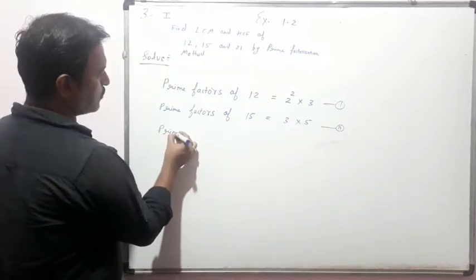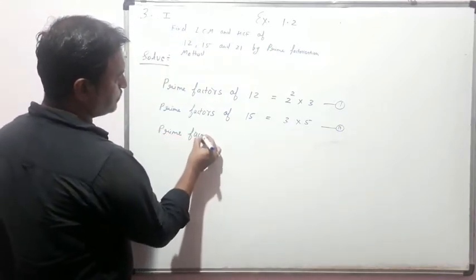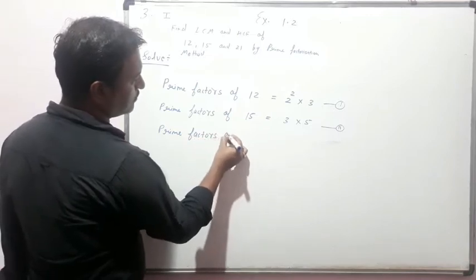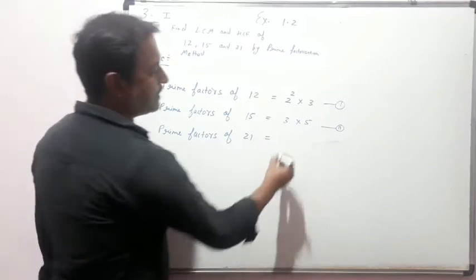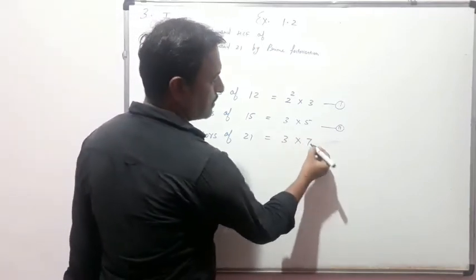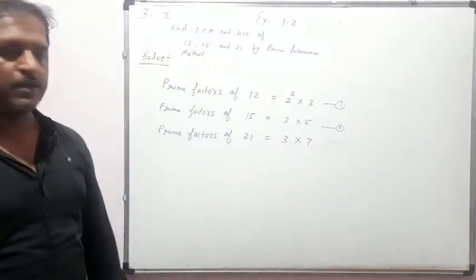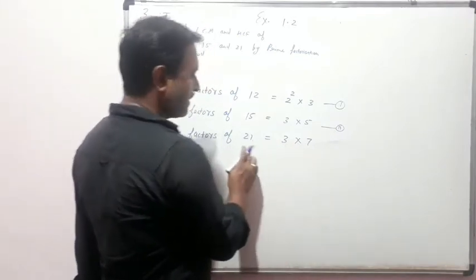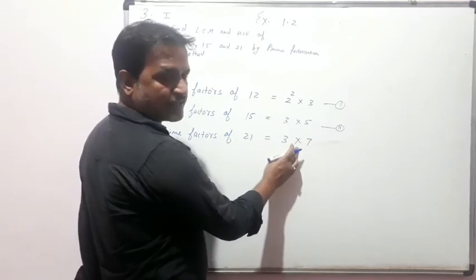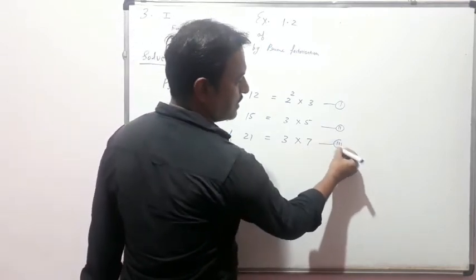Again, the prime factors of 21 will be 3 into 7. Both are prime numbers, so the prime factors of 21 will be 3 and 7. This is equation number 3.